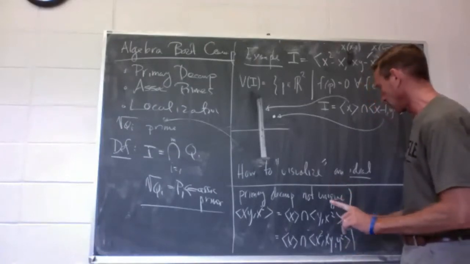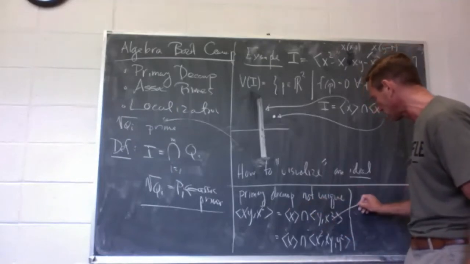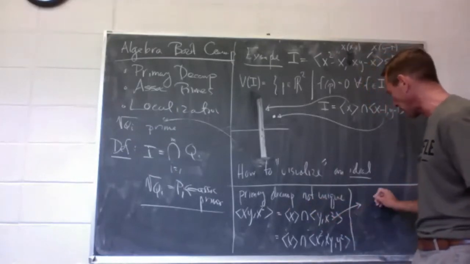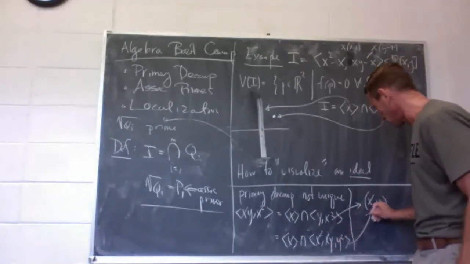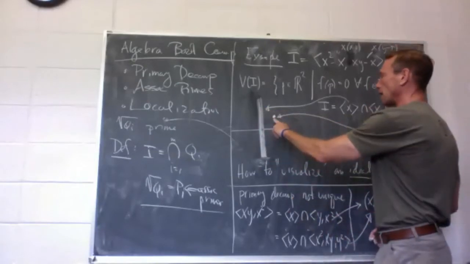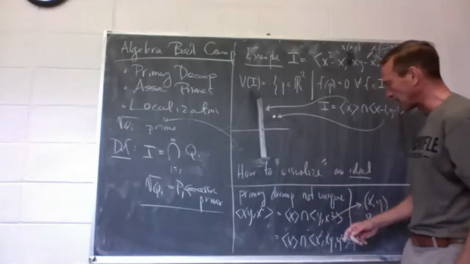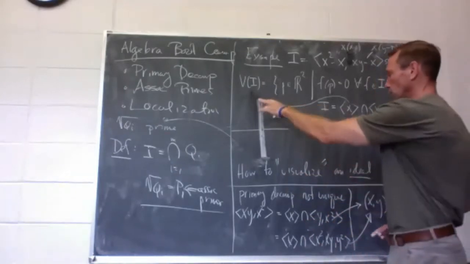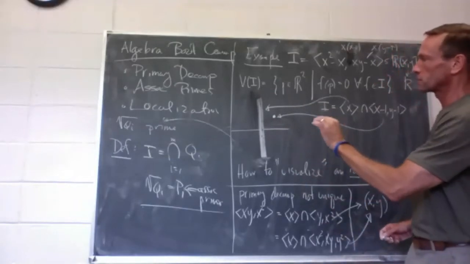However, when we pass to the associated primes, when I look at the radical of these, the radical of this ideal is simply (x, y), and that's also the radical of this ideal. This goes to what I was saying: if we have the underlying variety, we can't get the whole primary decomposition, but what we can reproduce is the associated primes. And that's going to be the intuition for the next thing, which is localization.